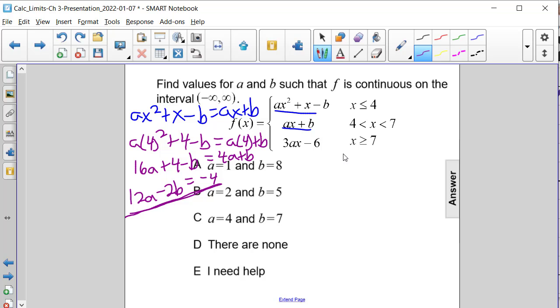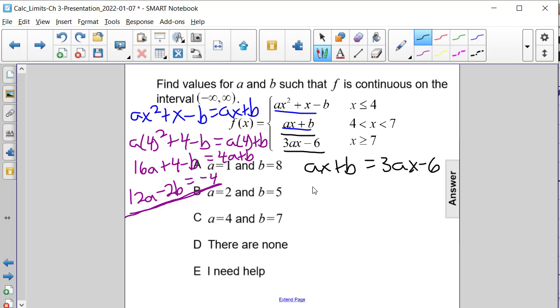The other critical value that we need to have our function values be equal are the second and third piece when x is 7, because that is the critical point in the domain where these two have to be equal. So let's set those equal to one another and see what we have. So we have ax plus b is equal to 3ax minus 6, and these have to be equal when x is 7.